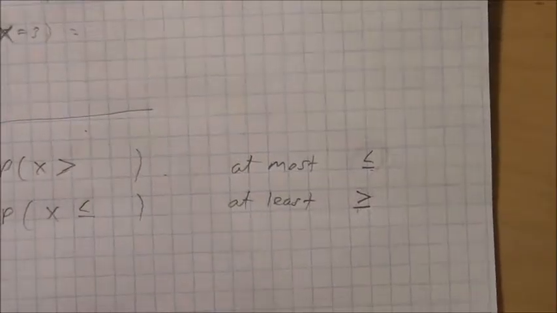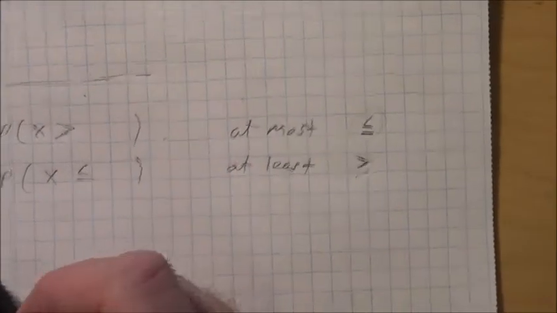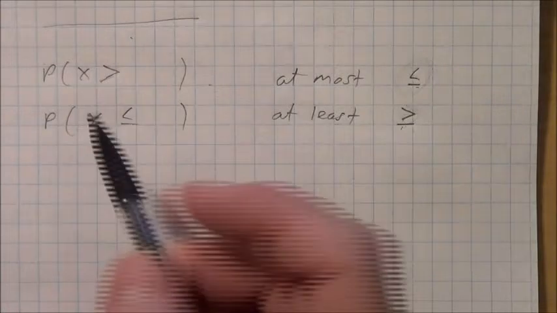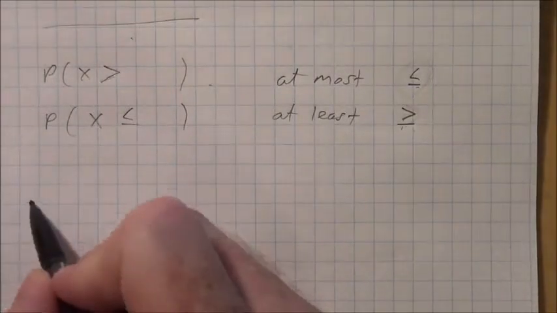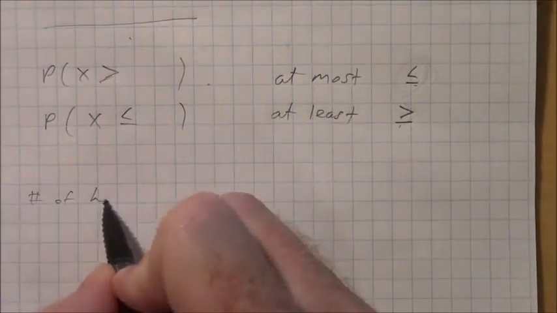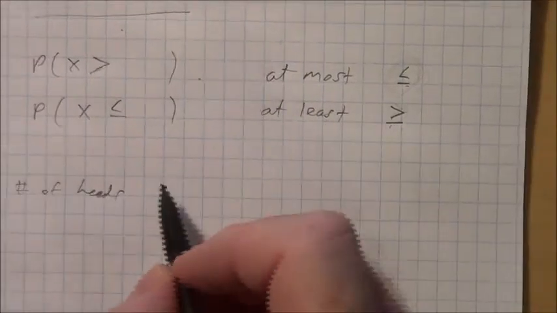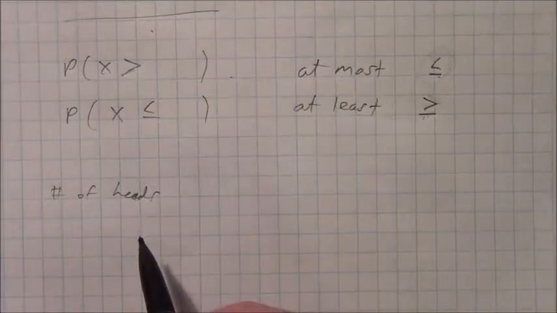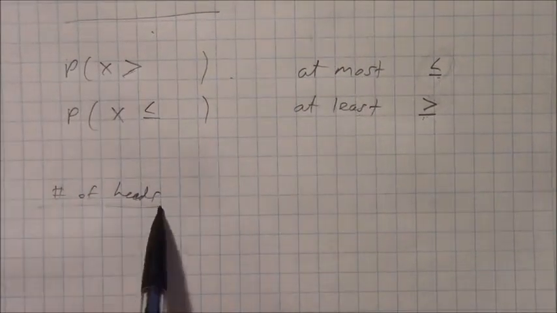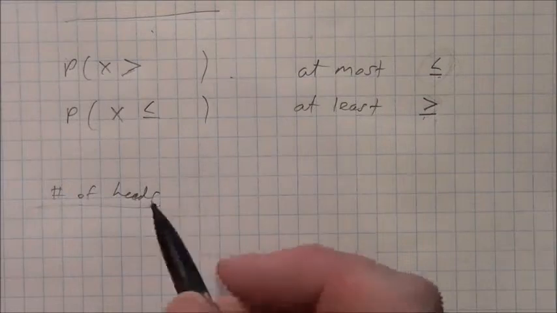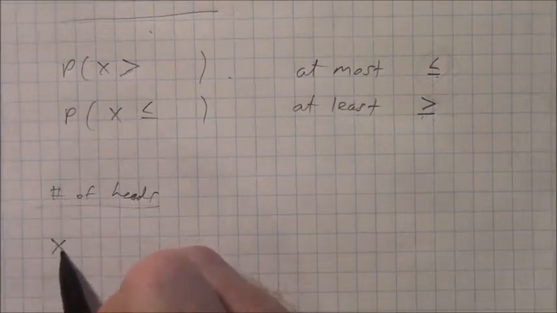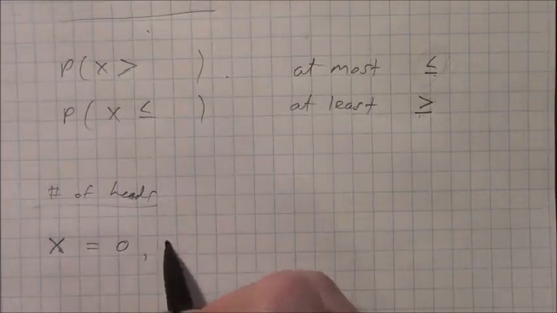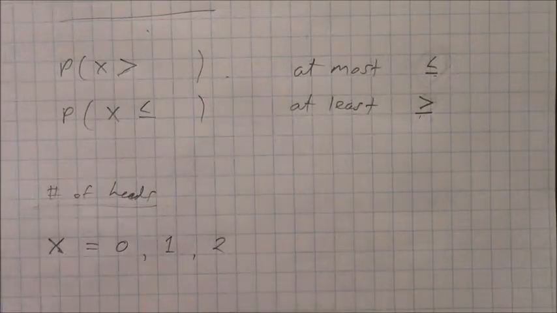Okay, so suppose we say, for example, we're interested in the number of heads when tossing two coins. Then obviously we know that x is the number of heads, and x could equal 0, could equal 1, or it could equal 2.